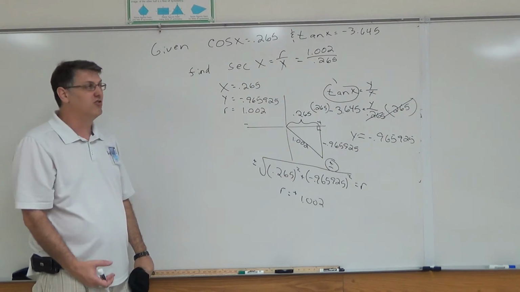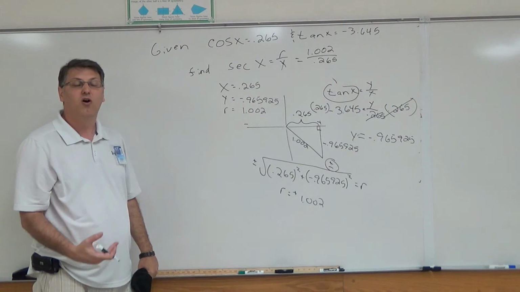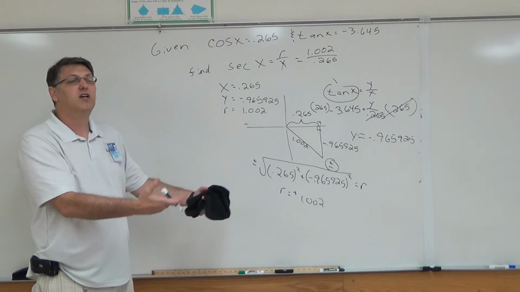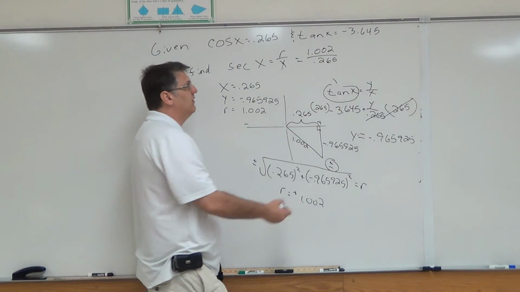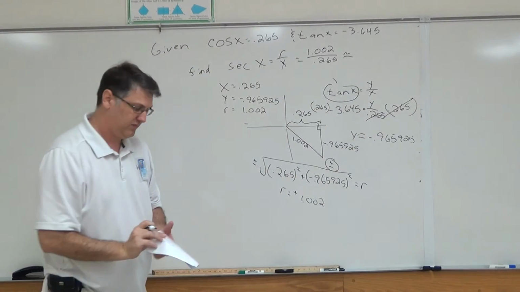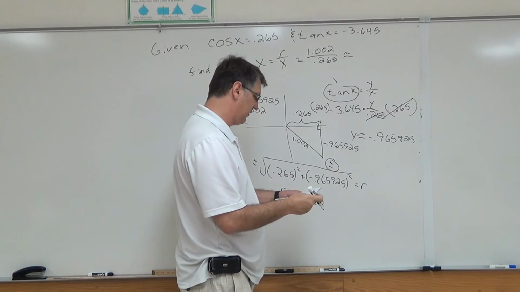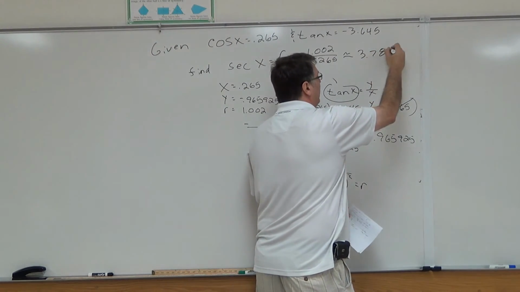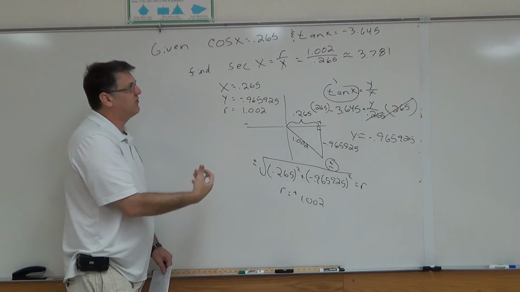If you leave it as a fraction, you have to convert those decimals to a fraction, or just throw it in the calculator, because I'm giving it to you in decimal. Give it back to me in a decimal. This will end up being approximately 3.781.